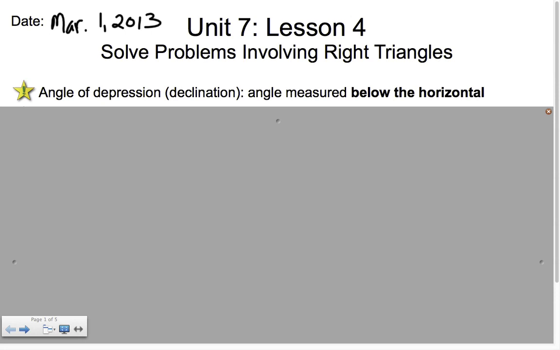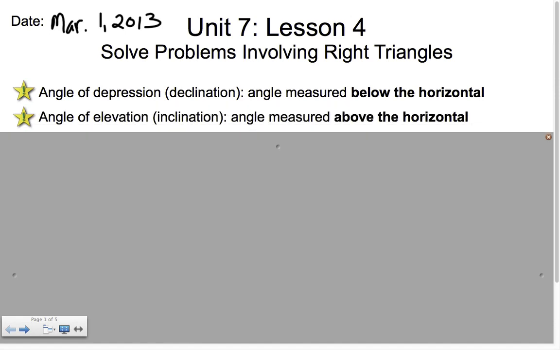Conversely, we have the angle of elevation. The angle of elevation is also known as the angle of inclination. And this is the angle measured above the horizontal.